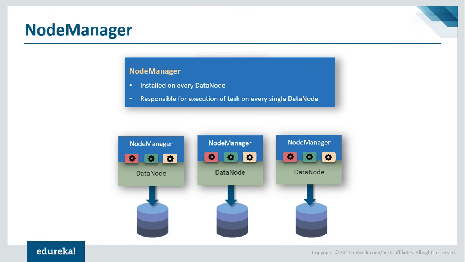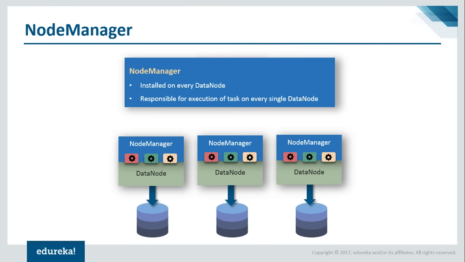Now there is also a term for it. This is known as data locality, right? That is why Hadoop is also very efficient, because data gets processed where it is present. And hence you should know that in each data node, a node manager is also present.